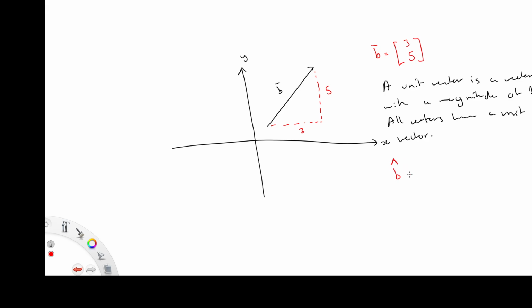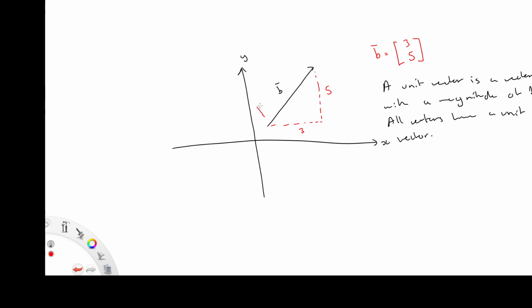So the unit vector of B will be equal to, well, the way you find the unit vector is, first you have to calculate the magnitude here.